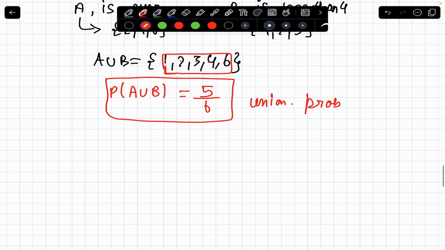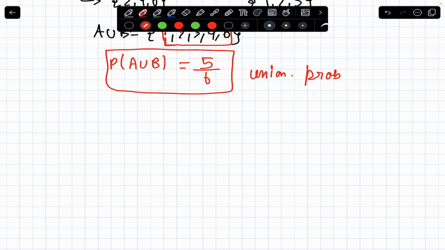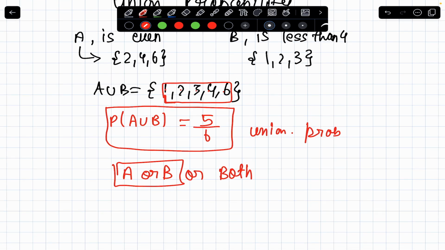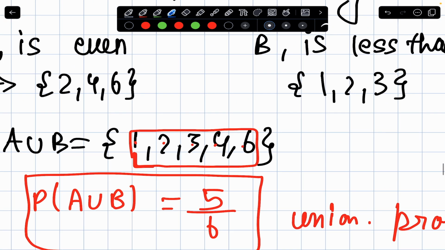Now what this union probability says, we have to keep this in mind, is that it says either A or B or both. If you look very closely, let me zoom it out for you. We have 2, 4, 6, that is actually this set.